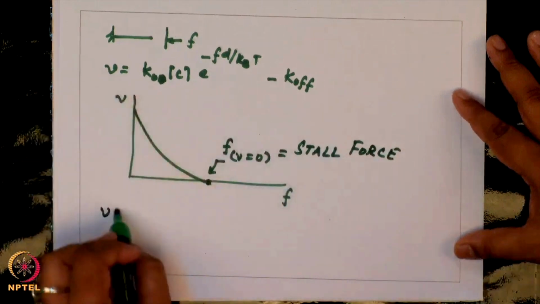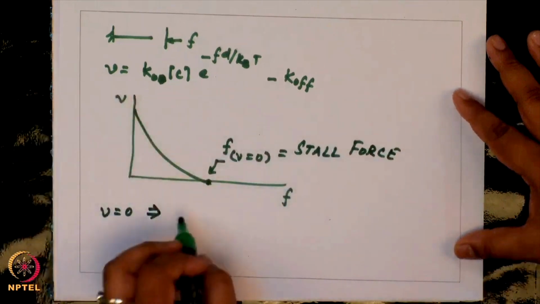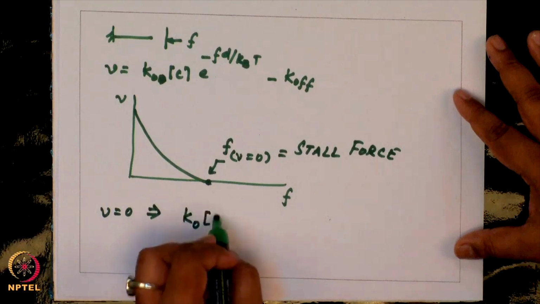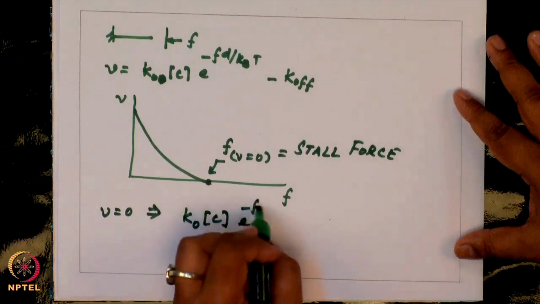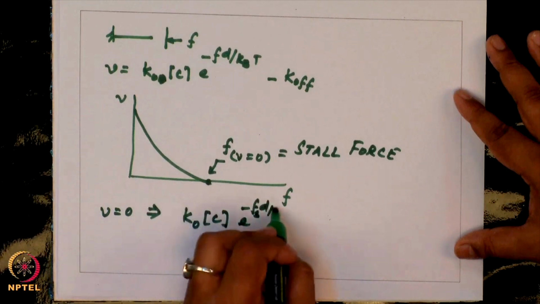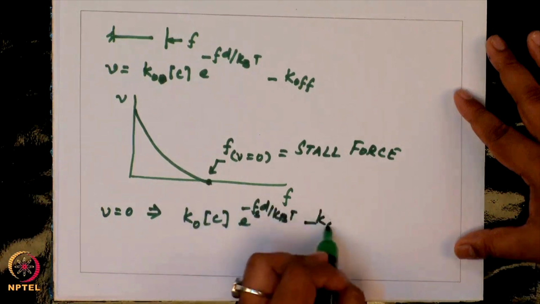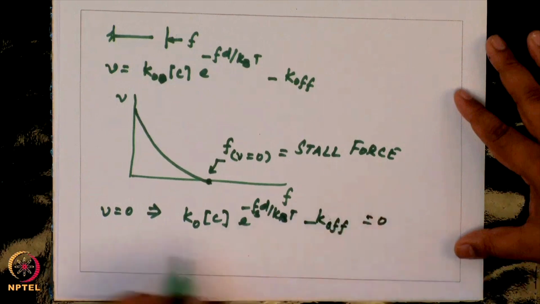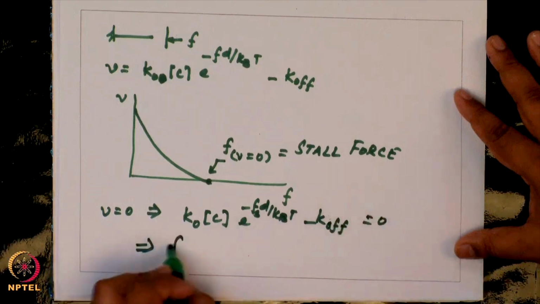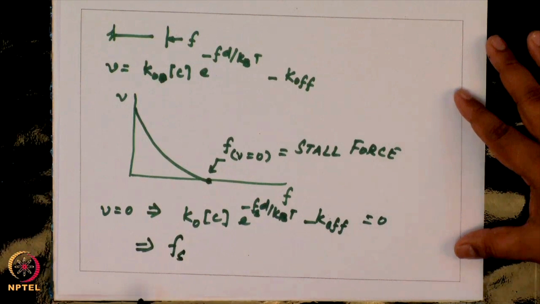So, I can set v equal to 0 in this expression, and I get k_0 times the concentration of monomers times e to the power minus f_s d by k_B T, minus k_off, equal to 0. From here I can find out the value of f_s.